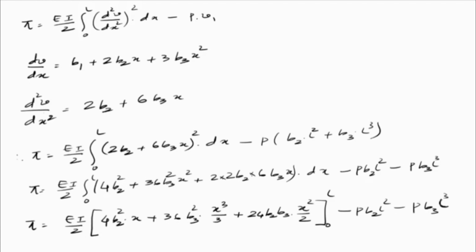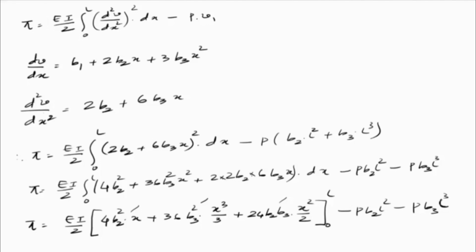Now wherever x is there, you put the upper limit minus the lower limit. All these three terms consist of x. Therefore, by substituting the lower limit, the entire term will become 0, so I'll substitute only the upper limit. Therefore, my pi is equal to EI divided by 2.